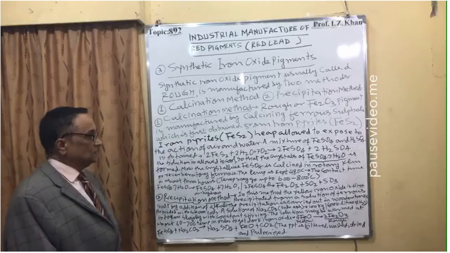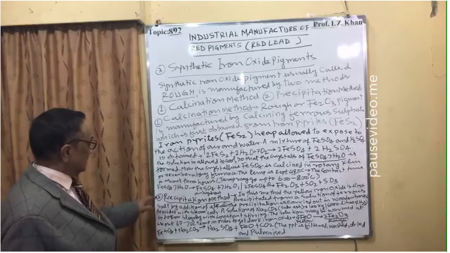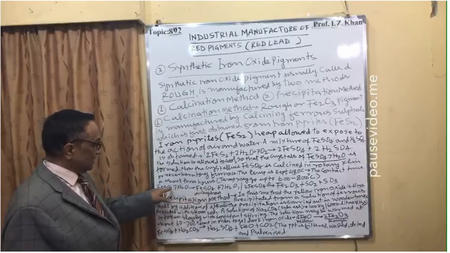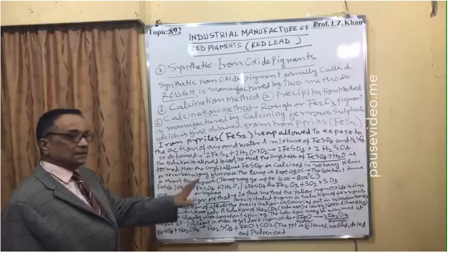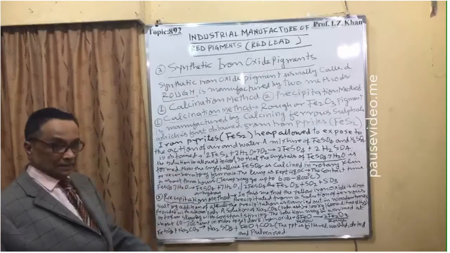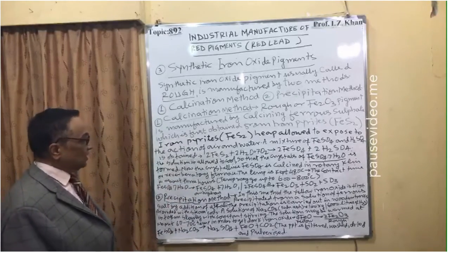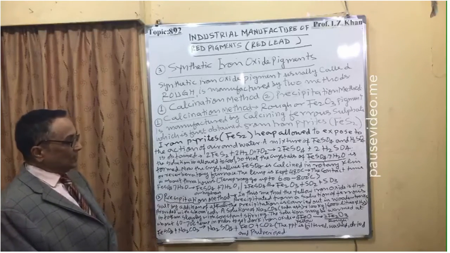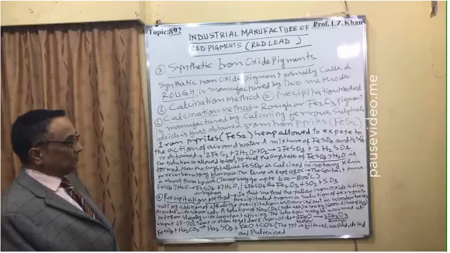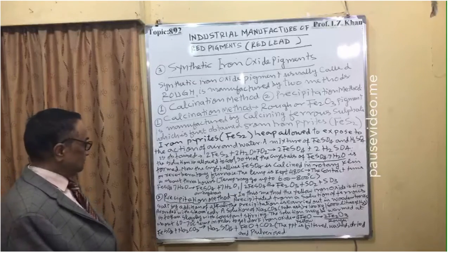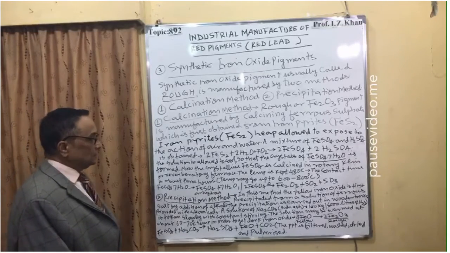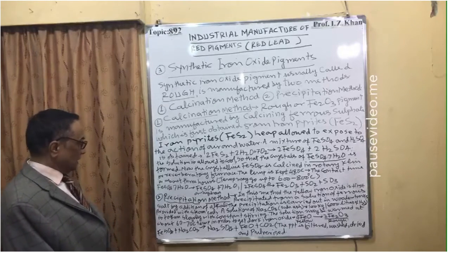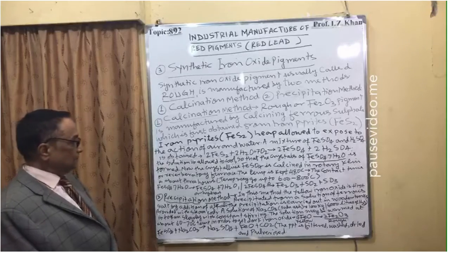FeSO4.7H2O loses its water of crystallization and becomes anhydrous FeSO4 plus 7H2O, and on further heating the anhydrous FeSO4 gives Fe2O3 plus SO2 plus SO3. That is your iron oxide rouge.